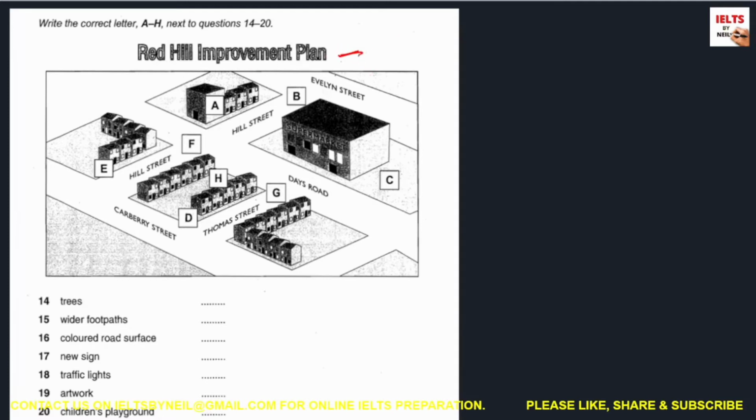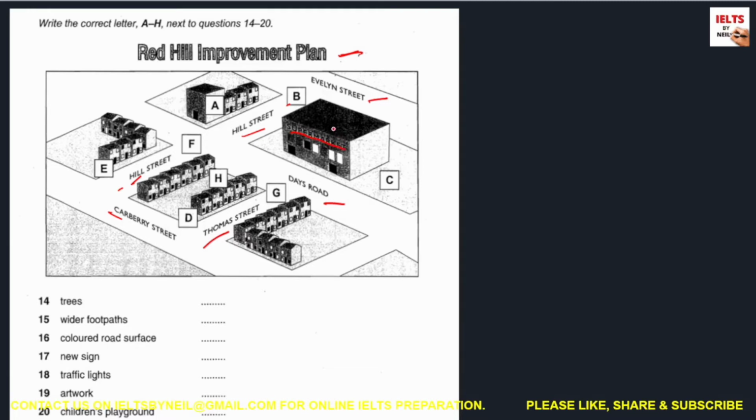In the exam you're not going to get much time, so you have to be really quick. Just have a look at the streets: this is Evelyn Street, Hill Street, Days Road, Thomas Street, Carberry Street, Hill Street again. So from here to here, it's Hill Street. It's not clear, but this is written supermarket.